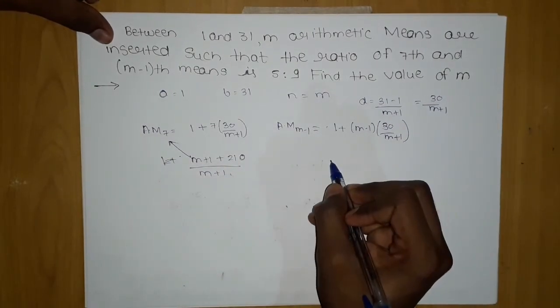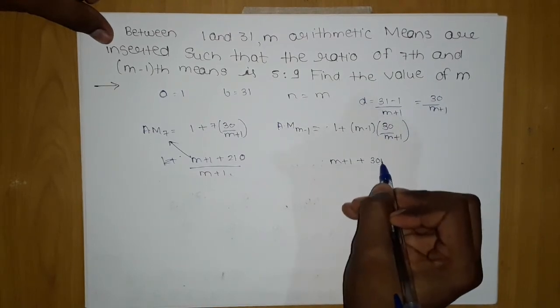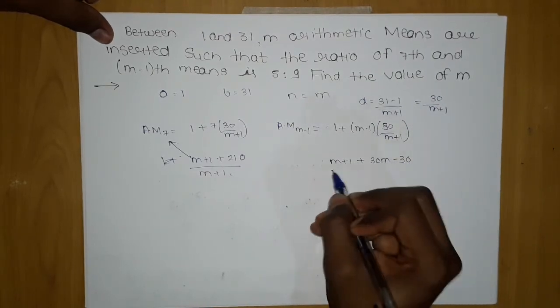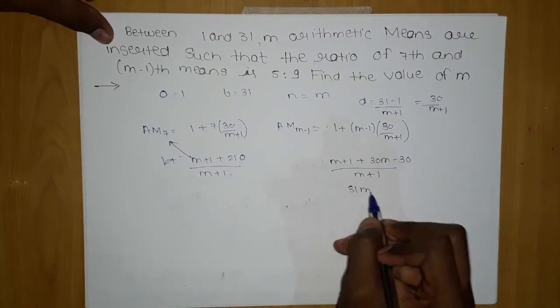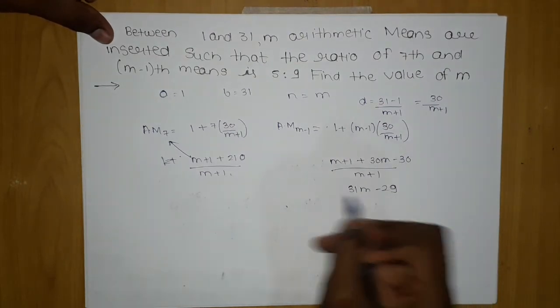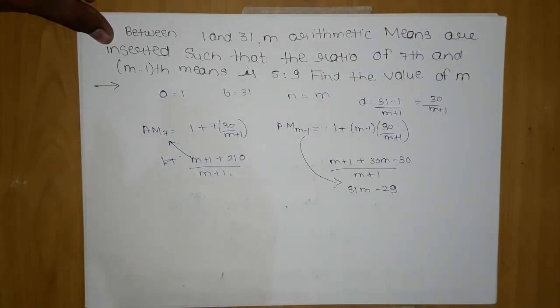Similarly, let's simplify this. It will be m plus 1 plus 30m minus 30 upon m plus 1. Further, if we simplify, it will be 31m minus 29. Okay, so we got this thing, which is the (m minus 1)th AM.